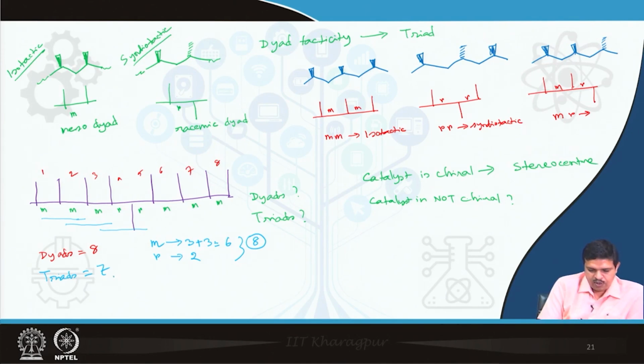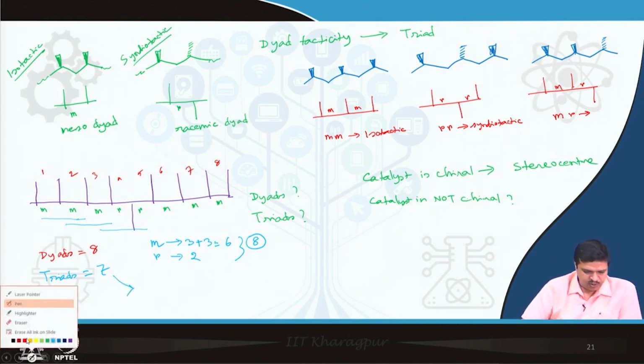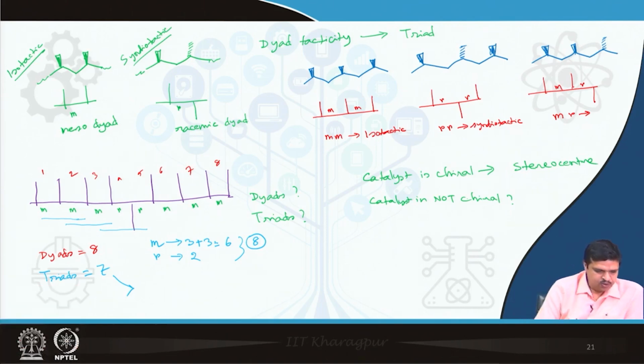So, if you calculate the triads, how many are you getting? Let us see. First mm: this is 1, this is 2, and here this is 1, this is 2.